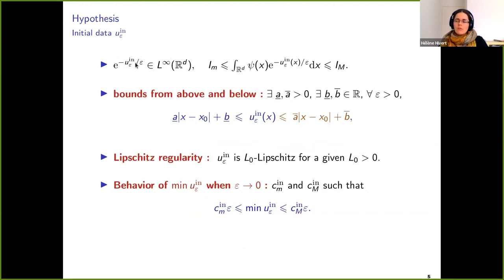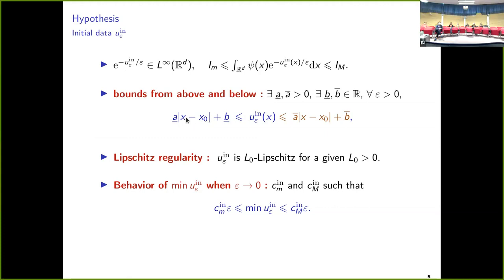As I said, U has to be coercive. It can be recast as exponential minus U over epsilon bounded. The I computed with the initial data has to be localized between the two constants I introduced before, and the fact that U at initial time is coercive has to be a bit more quantitative to be able to do the computations.